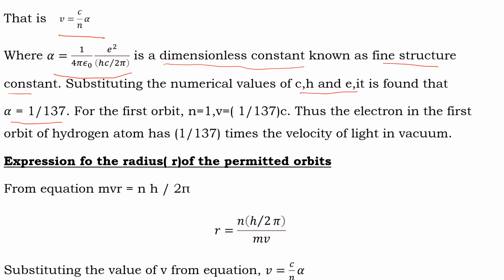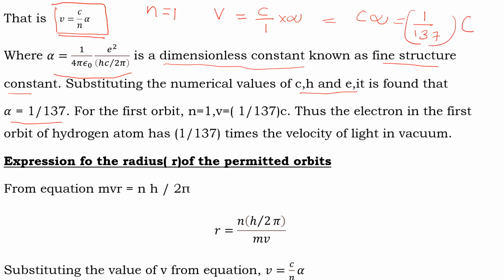Therefore, generally the velocity of the electron in the nth orbit is V is equal to c by n into alpha. So, considering the electron in the first orbit, that is n is equal to 1, the velocity V is equal to c by 1 into alpha, or c alpha, where alpha is 1/137.